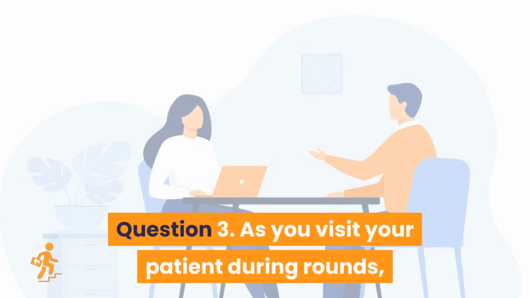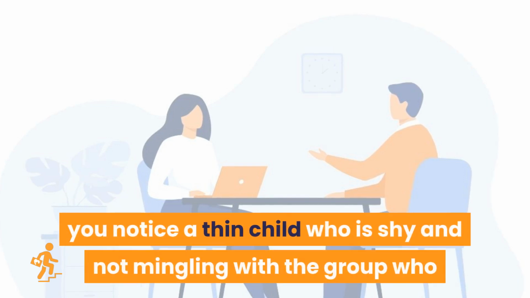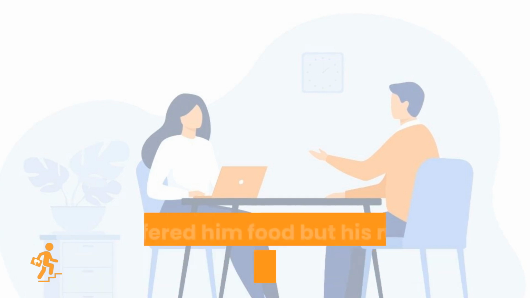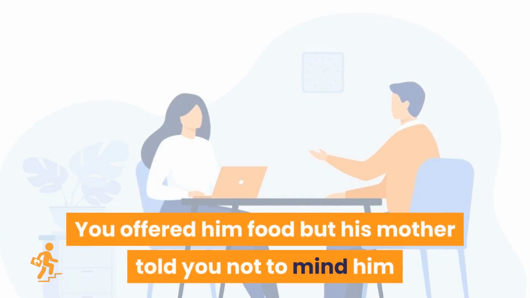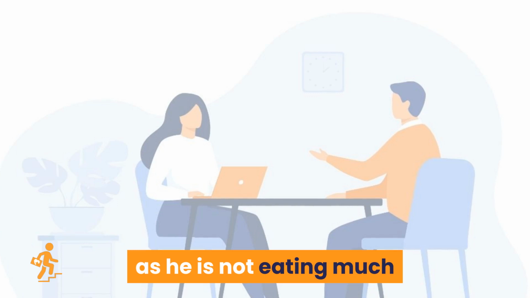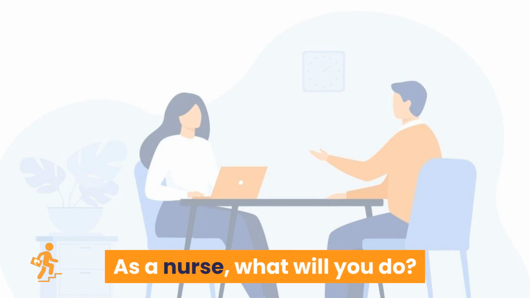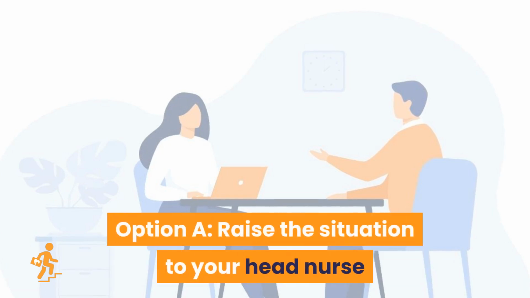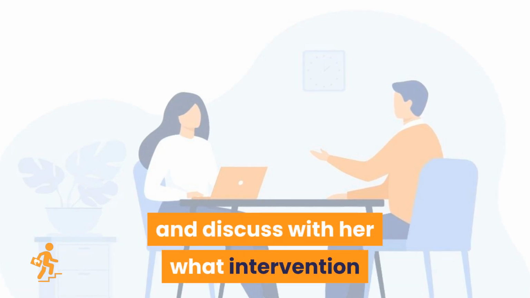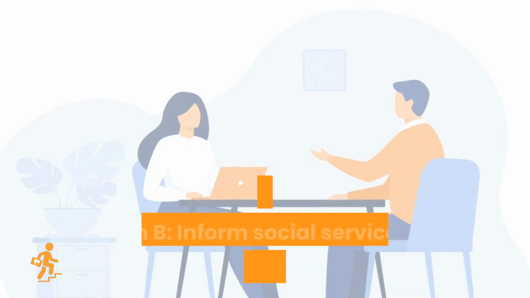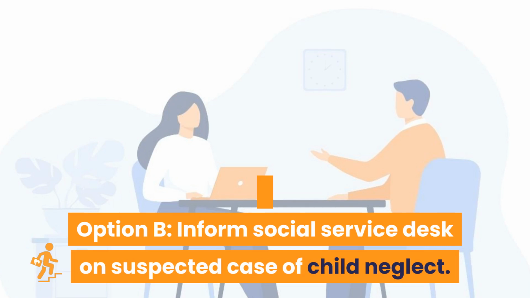Question 3. As you visit your patient during rounds, you notice a thin child who is shy and not mingling with the group who seem to be visitors of the patient. You offered him food, but his mother told you not to mind him as he is not eating much while all of them are eating during that time. As a nurse, what will you do? Option A, raise the situation to your head nurse and discuss with her what intervention might be done to help the child. Option B, inform social service desk on suspected case of child neglect.